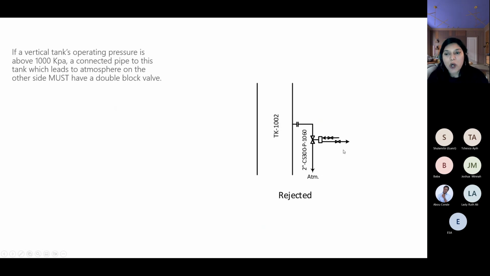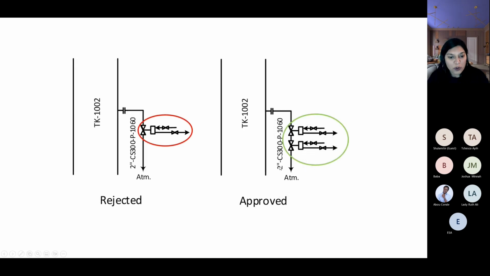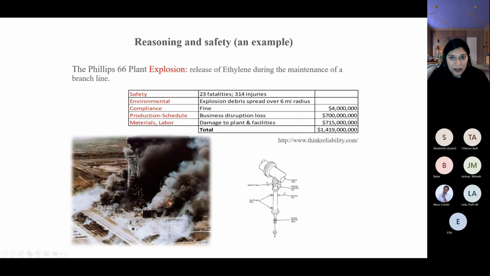And we have already taught the machine what a pipe is and what a double block valve is, right? So you will be able to see that this particular drawing is rejected and this particular drawing is approved, because I know that this tank is connected to a single block valve. But if the pressure is 1000 kPa, then the tank must be connected to a double block valve. So now the machine can make decisions based on the knowledge graph about whether parts are rejected or approved, right?